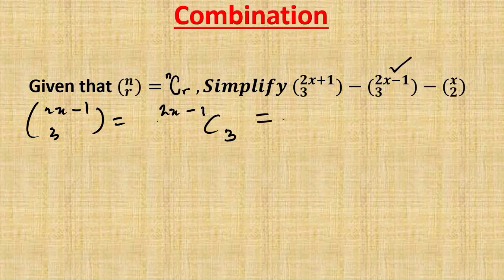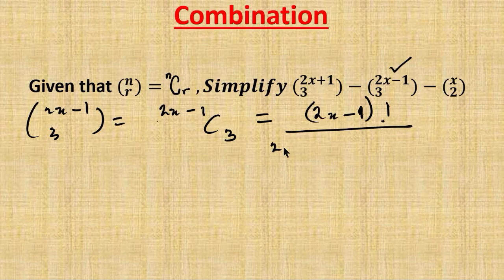So that will be the same thing as (2x minus 1) factorial over (2x minus 1 minus 3) factorial, then 3 factorial.